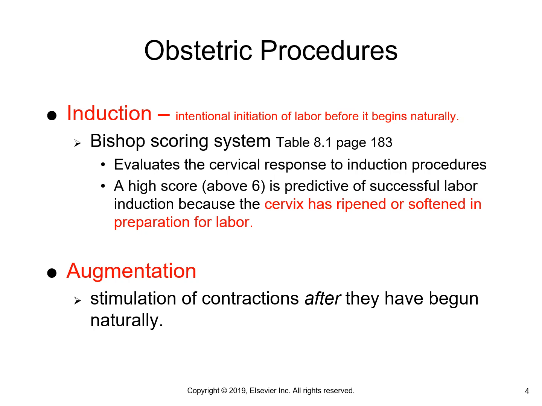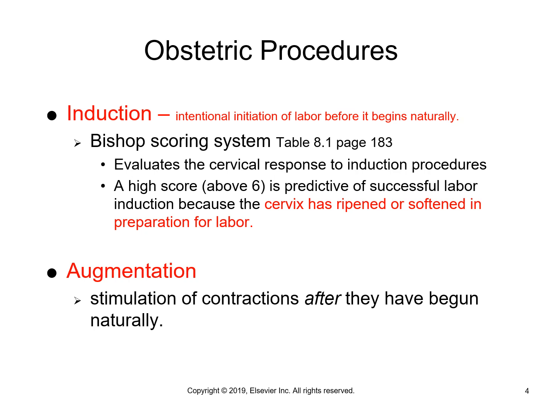A high score, the magic number that you want to remember is 6. You want a score above 6. This means predictive of successful labor induction because the cervix has ripened or softened in preparation for labor.